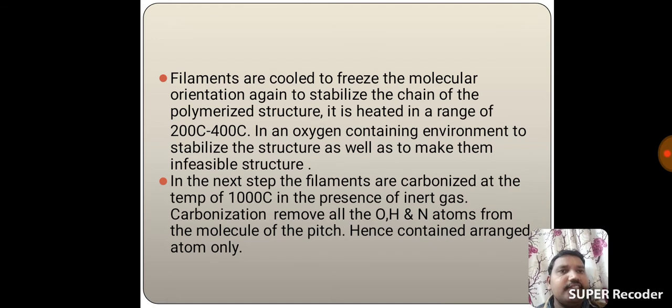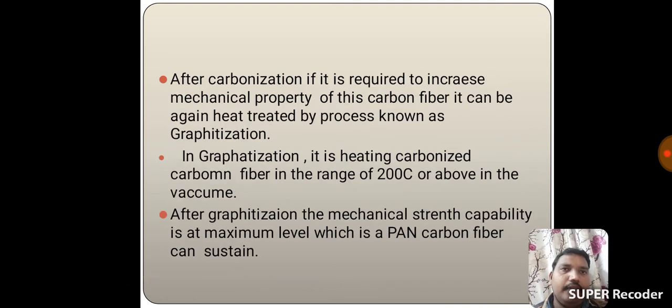In the next step, the filaments are carbonized at a temperature of 1000 degrees Celsius in the presence of inert gas. Carbonization removes all the oxygen, hydrogen and nitrogen atoms from the molecules of the pitch, hence containing carbon atoms only.